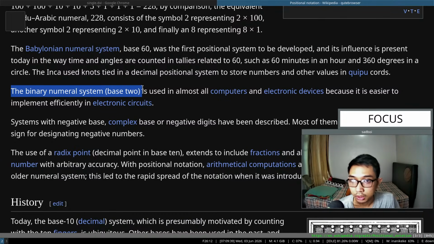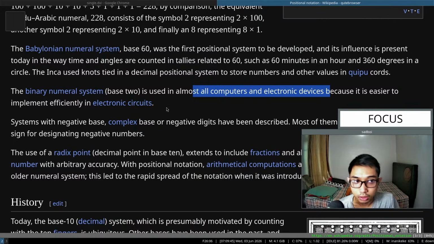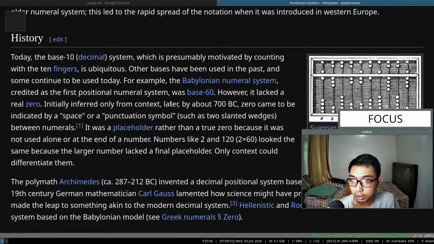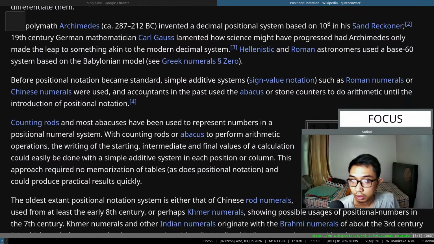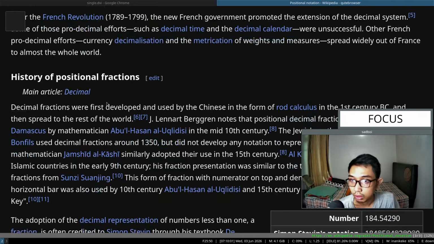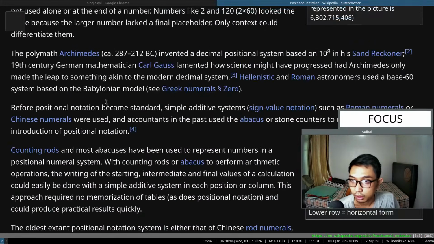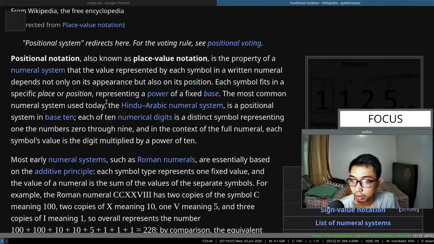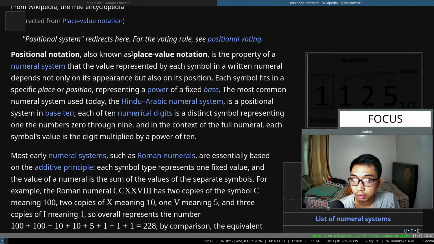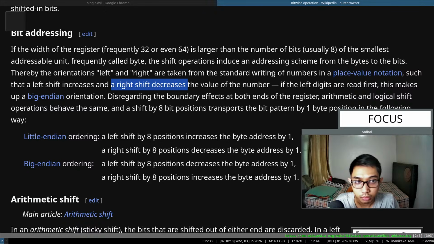The binary numeral system, base 2, is used in almost all computers and electronic devices because it is easier to implement efficiently in electronic circuits. Okay. History of positional fractions. So basically, it means the position of the number matters, maybe something like that.